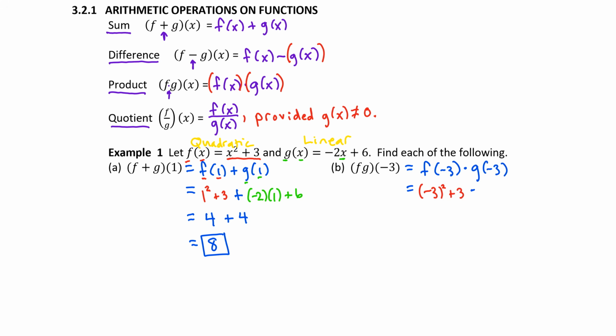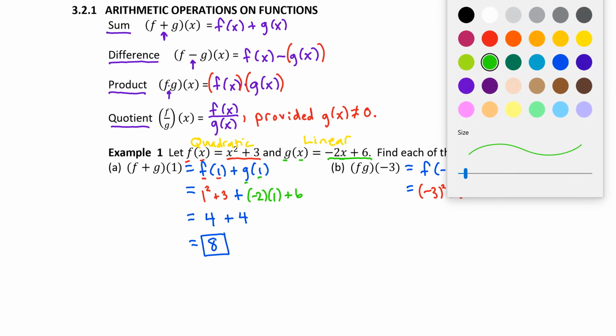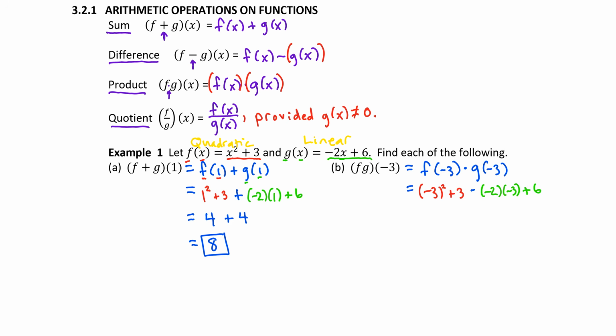So on this problem I'm using the other function rule called g, and we're plugging in negative 3 for x. The only problem with this is that each function has more than one term. So I want to make sure to include those entire operations in a set of parentheses.